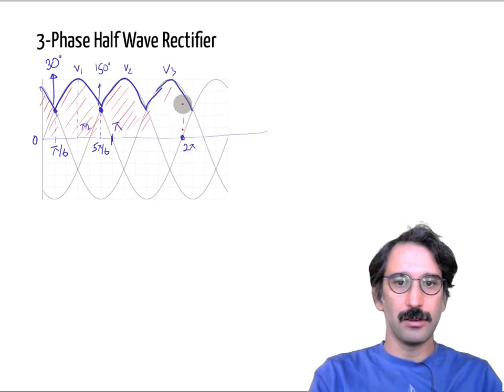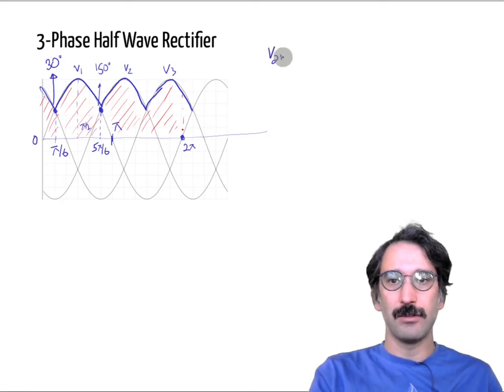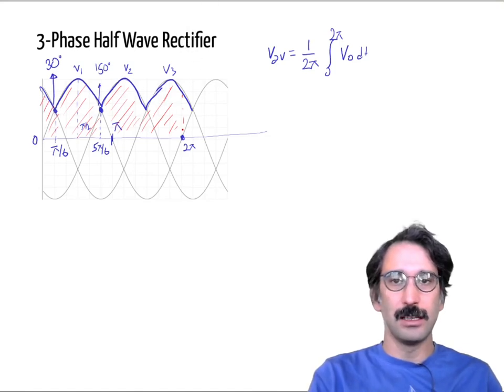For 2π I will calculate the red area, then I will divide it by the period. Remember, V average is equal to 1 over 2π, integral from 0 to 2π of V output dt. Okay, I can get the average voltage.